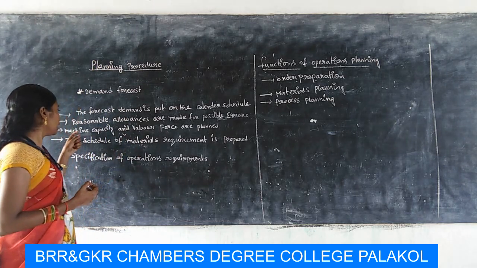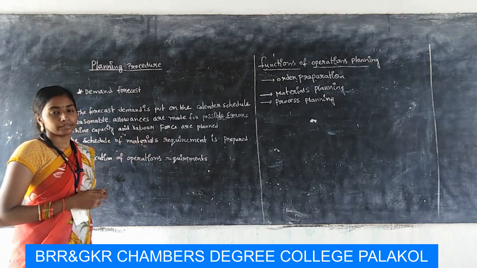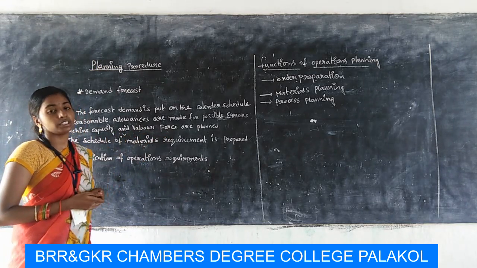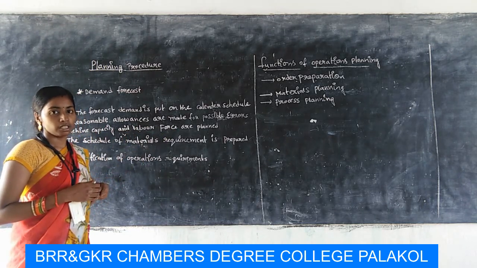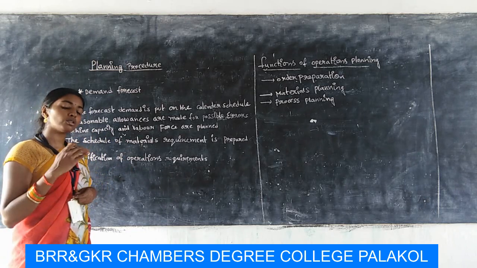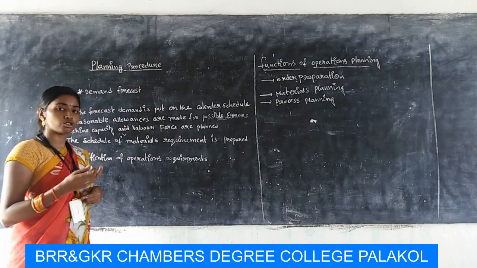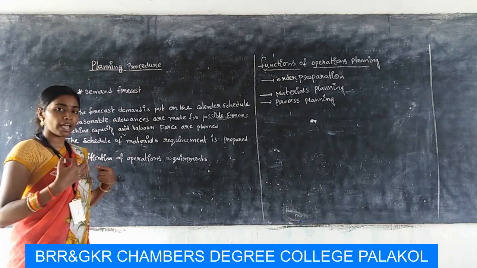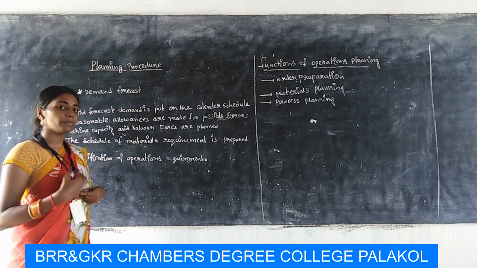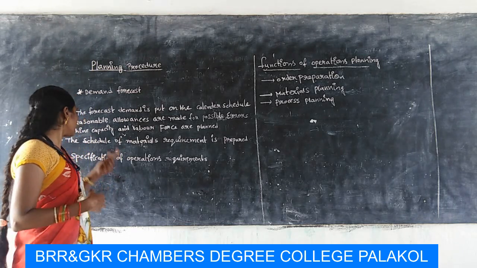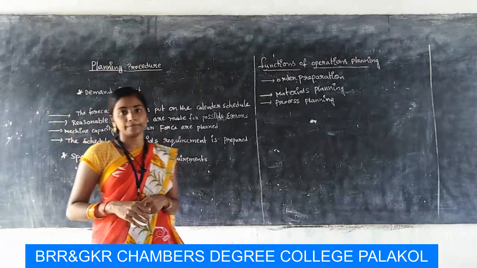Next, machine capacity and labor force are planned depending upon the forecast of the demand. If the demand is increasing, we have to use machines, and we have to recruit more employees. So first of all, we have to make ready for the production process. For this purpose, machine capacity and labor force are planned.